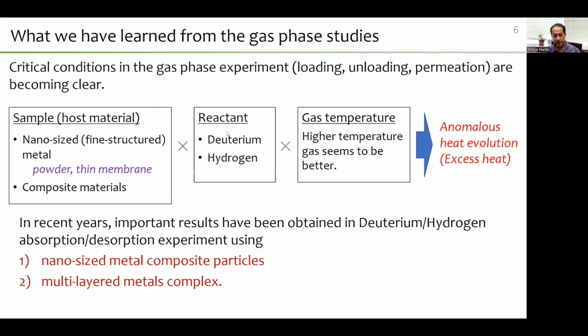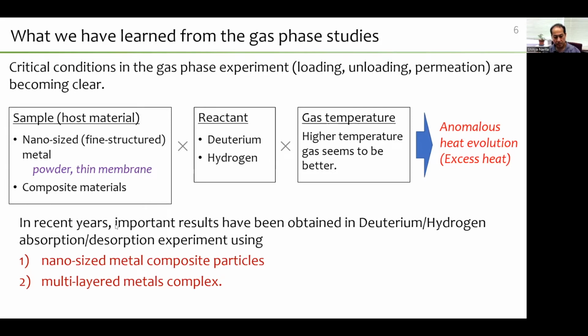So for the reactant, both hydrogen and deuterium are possible. And for the gas temperature, the higher temperature gas seems to be better. So in the experiment with the combination of these conditions, anomalous heat evolution, well, excess heat, has been observed with higher efficiency.